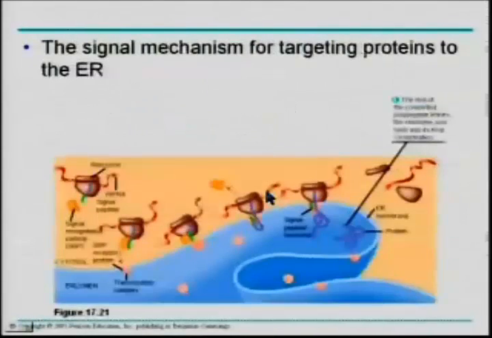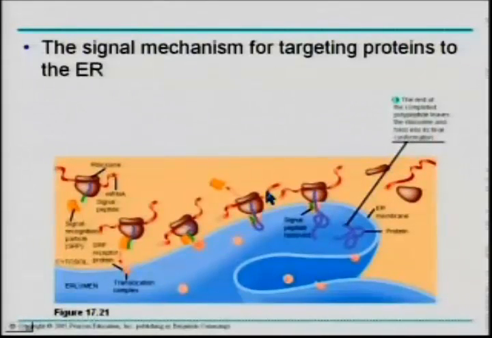enabling the translation ribosome to bind to the ER. So this slide is showing us these various steps in translation, looking at just one ribosome and one messenger RNA. And there are 6 steps or stages that are described here.